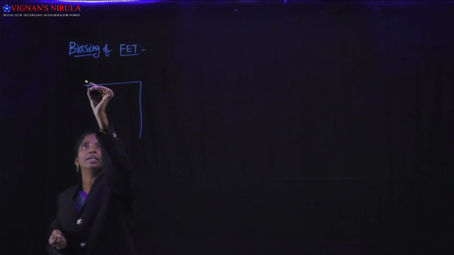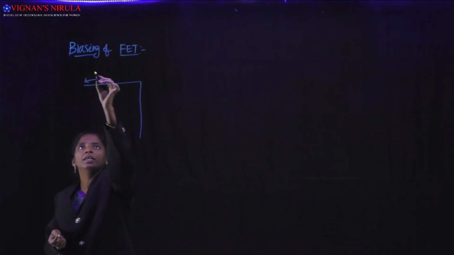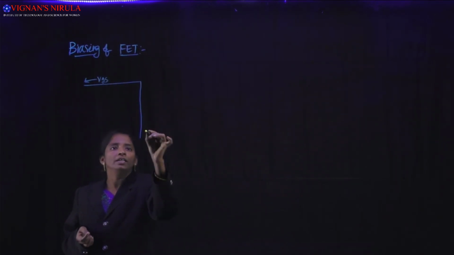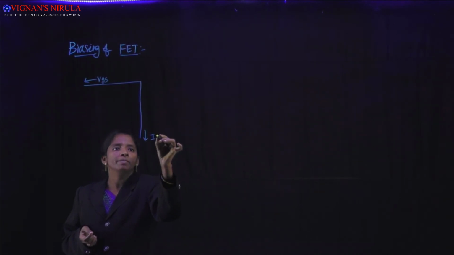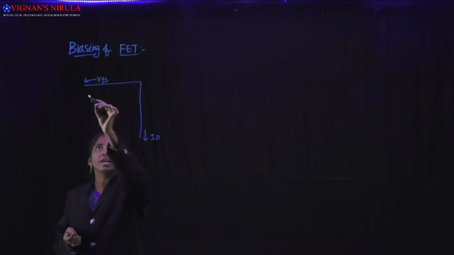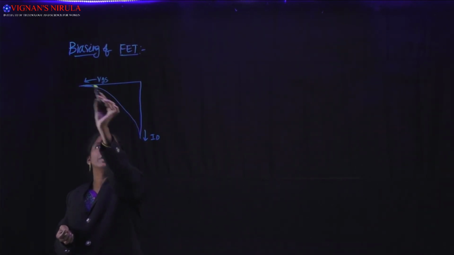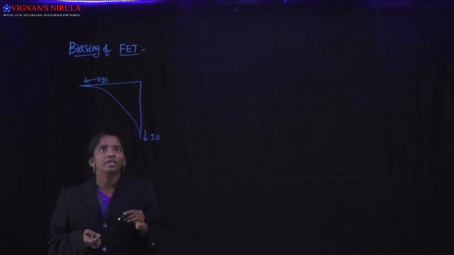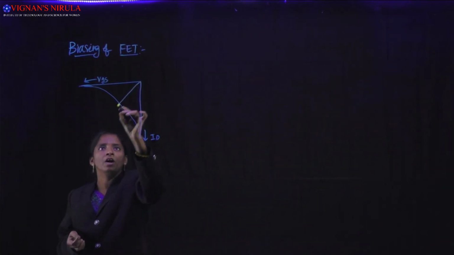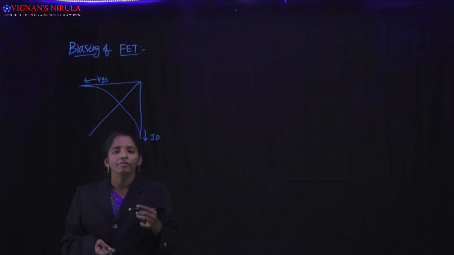For that we take voltage on the x-axis, represented with VGS, and current on the y-axis, represented with ID. After drawing the transfer characteristics, you have to draw the self-bias line from the origin.